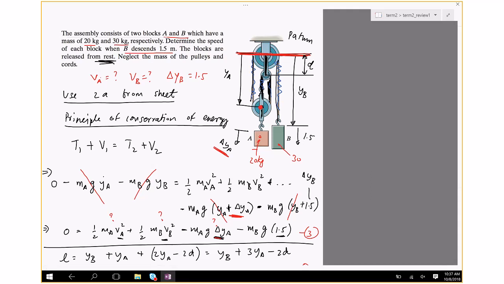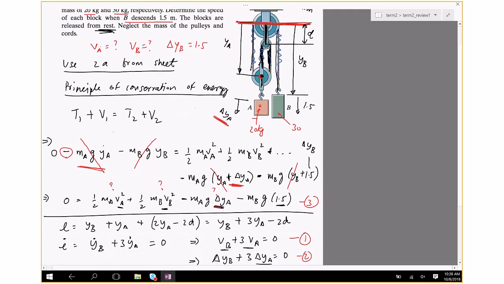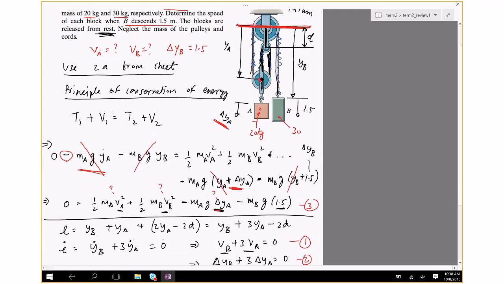Okay. Below the datum, so it's minus mgy. That comes from being below it. Then B would go up, so it would gain potential energy, so that would be positive, right? B would go down. We'd lose potential energy. So then A would go up, so it would gain potential energy.